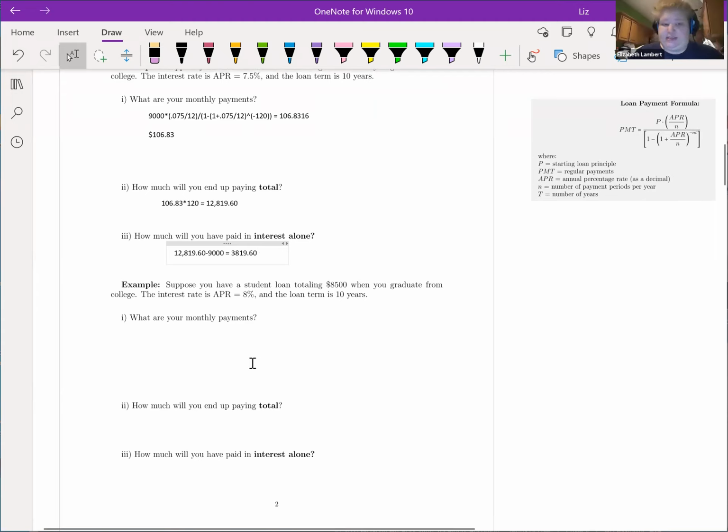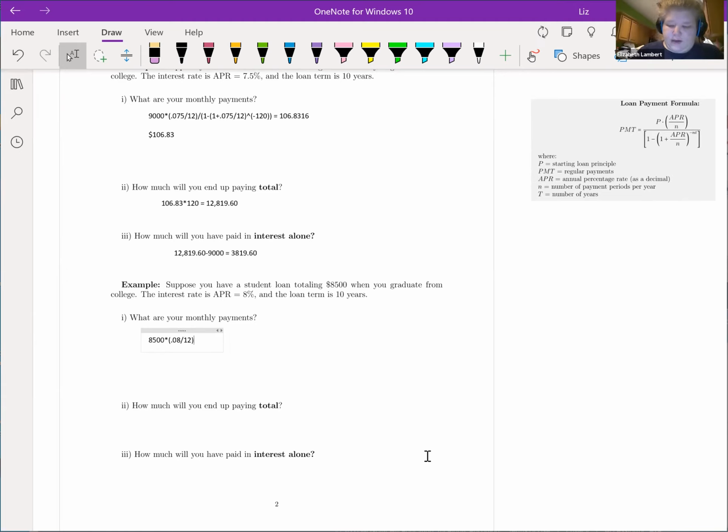Now we are just going to do the same thing again, just with new terms. So 8,500 times, now our interest rate is 0.08 over 12.